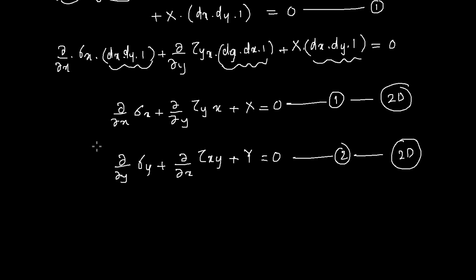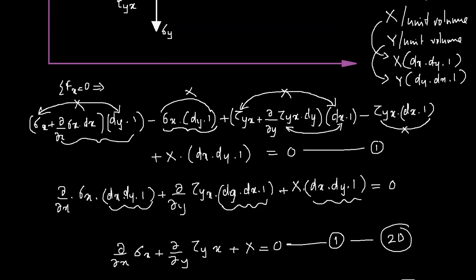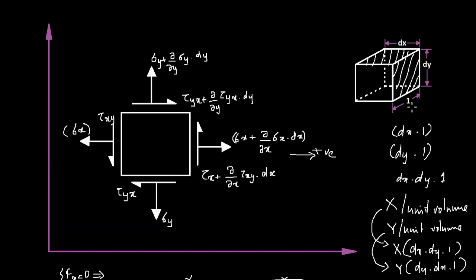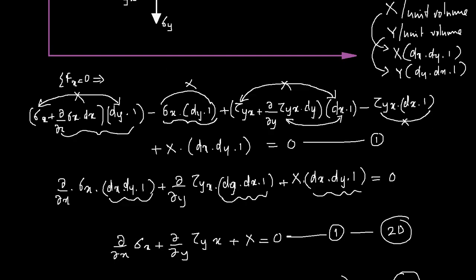Following the same conditions, you can write the force equilibrium for three dimensions as well. But remember, when you consider the 3-dimensional case, you will have a dz here instead of the 1. So you have dx, dy and dz.